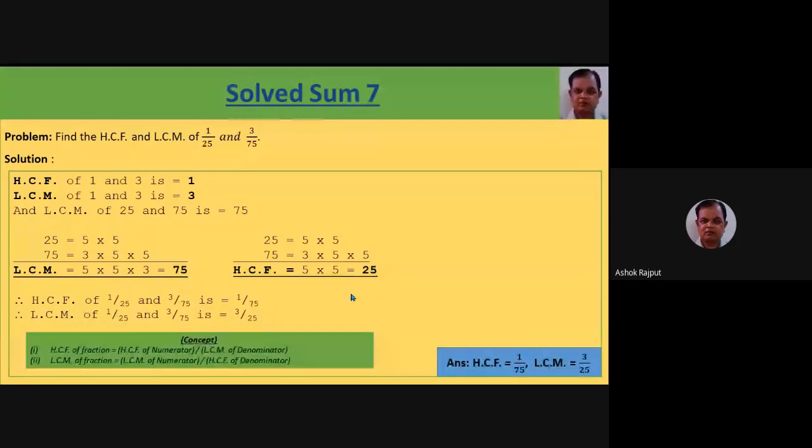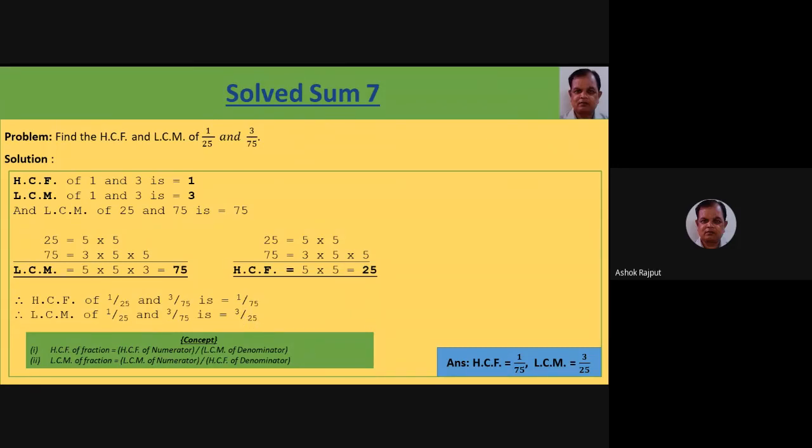Now we are going to use our concept. Therefore, HCF of 1 by 25 and 3 by 75 is, because HCF of 1 and 3 is 1 and LCM of 25 and 75 is 75, 1 by 75. It is the answer. LCM of 1 by 25 and 3 by 75: LCM of 1 and 3 is 3, and HCF of 25 and 75 is 25, so 3 by 25.